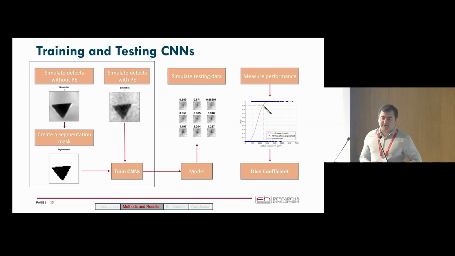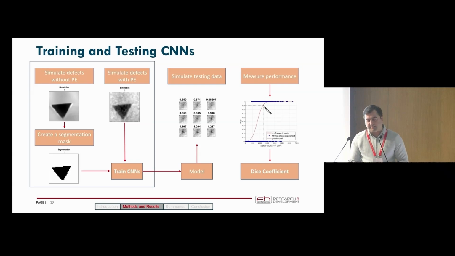So these are the training and testing principles. Firstly, we started with the defects without any physical effects, and we created three different shapes here: one is a cone, one is a sphere, one is a cylinder, without physical effects and with physical effects. Then we create the mask without physical effects on the left-hand side, then use this mask with the noisy data to train the neural network.